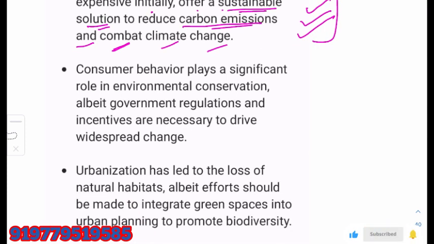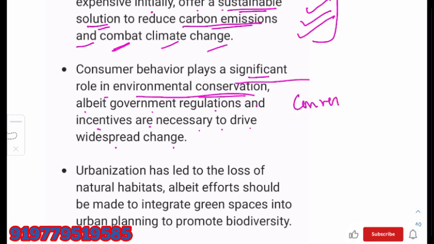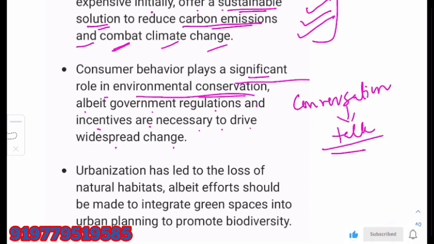Consumer behavior plays a significant role in environment conservation, albeit government regulations and incentives are necessary to drive widespread change. This is conservation. There is also conversation. Conversation is to talk and this is conservation.